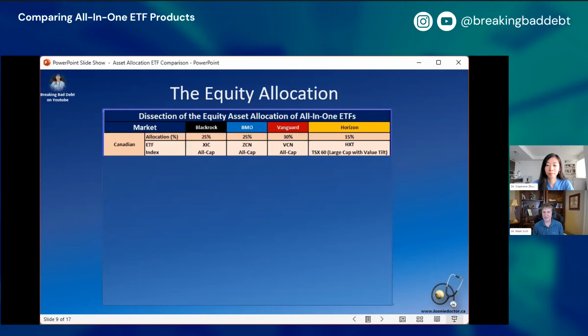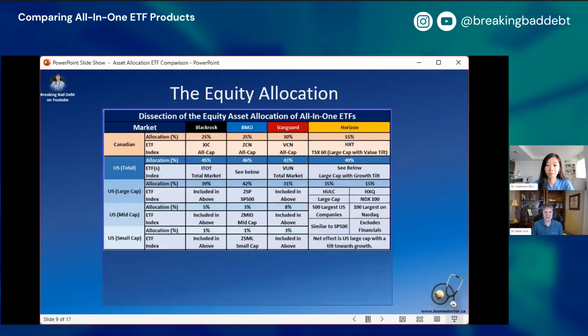So the Horizon ETFs don't have as much of the small cap tilt, but the large companies have a value tilt to them. So there's a bit of an advantage and a disadvantage there. And that holds out through the rest of their asset allocation. So here's the US allocation, and the first bar at the top, you can see the conventional ETFs again are very similar, all around 45%-ish in terms of US. The Horizon one has a bit more US, probably at the expense of the Canadian side of it.